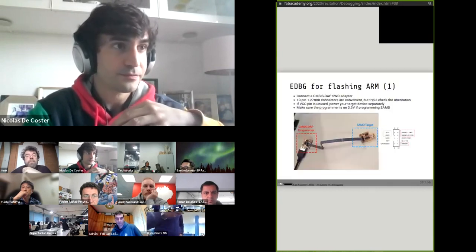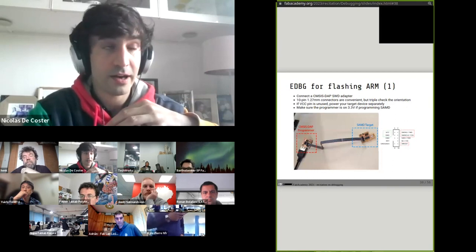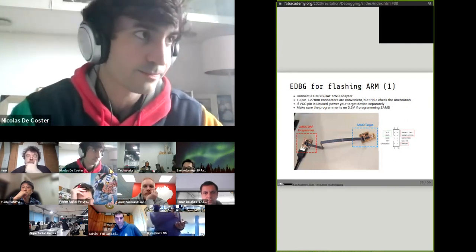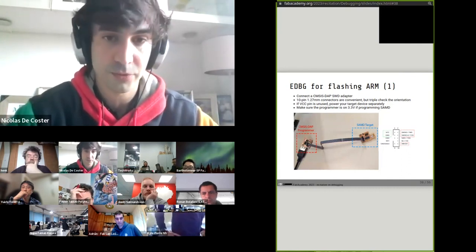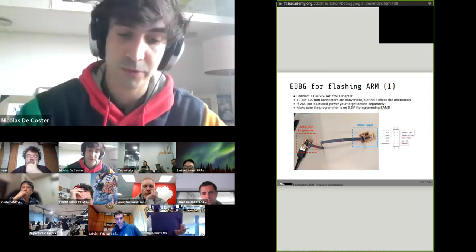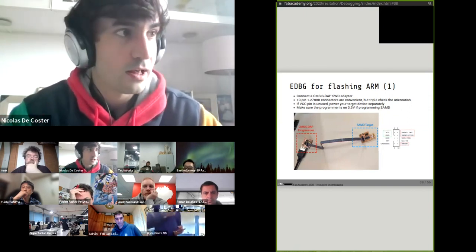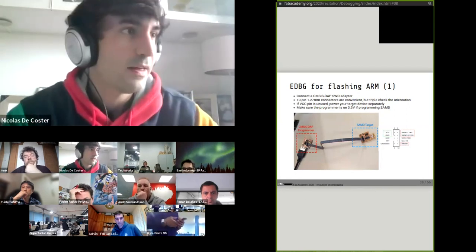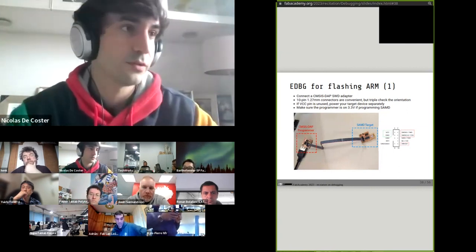Next slide. So if you're using ARM chips, which is basically the SAMD for the Fab Academy, you have to talk to them with the SWD programmer. So to send the program to the chip, you actually have to use a special device, which is a programmer. You can even make one. You can program a board to be a programmer, and then you have to push your code into your chip.